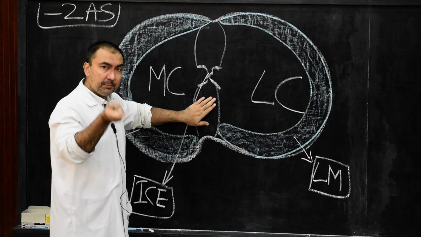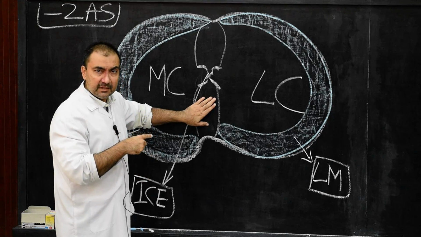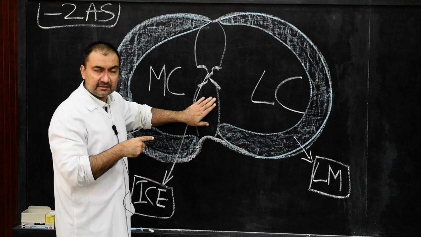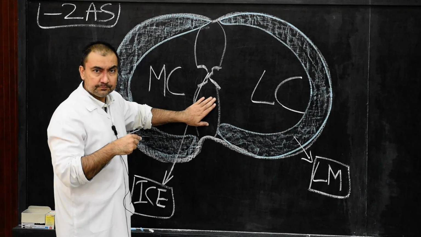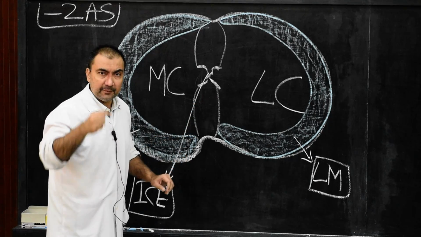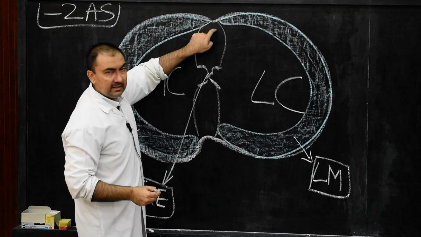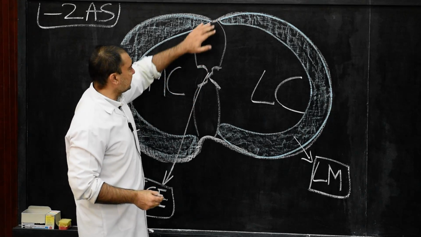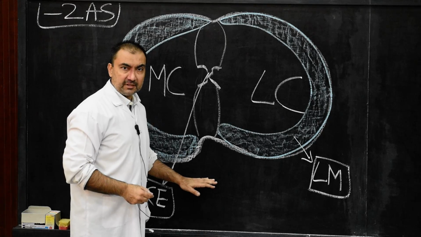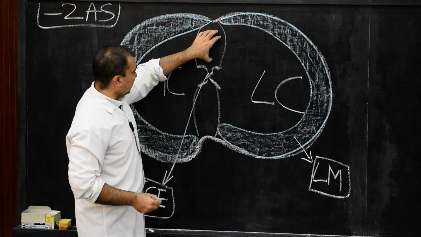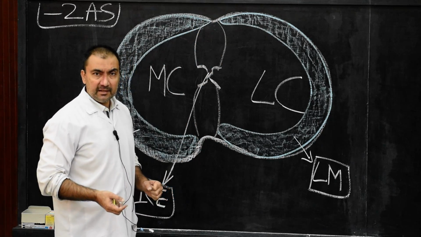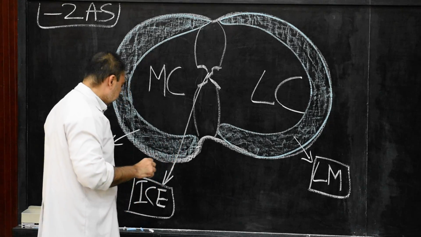That will be the posterior horn of the medial meniscus, the posterior horn of the lateral meniscus, and the posterior cruciate ligament. But what will be the sequence of the attachment? The sequence of attachment in the anterior intercondylar area from anterior to posterior. This is anterior, this is posterior. So anterior to posterior in the anterior intercondylar area, please draw the sequence in this way.